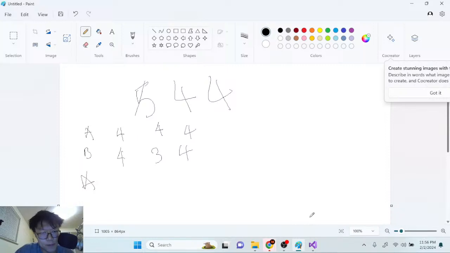So minus 1 from 4 becomes 3. We swap it with 4, so we get 4, 3, 3. Bob's turn, minus 1 from 4 becomes 3. Swap with 3, we get 3, 3, 3.